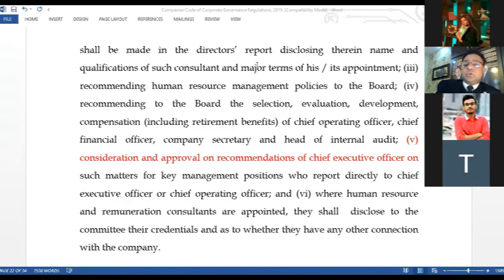If there is anybody who has some association with the company, one way or the other, has some valuable quantum of shares in his name, or any of his spouse or sibling is associated with the company, that disclosure is required to be made. This has to be clarified in terms of giving credentials that one has no association with the company other than the one he intends to be associated with.